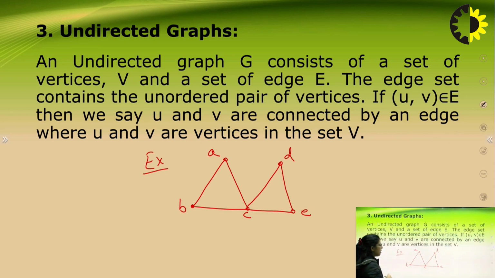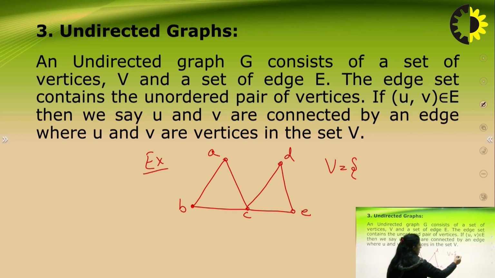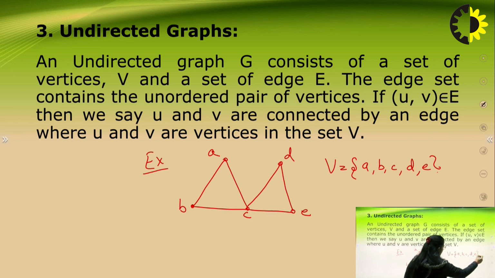Then here we can see the V set has vertices A, B, C, D, E. But the edge set has, for this particular edge, AB.